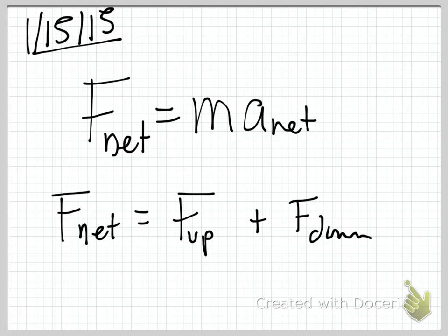Well, in the last set of problems, we were dealing with cases where this net force was 0 because the thing was not accelerating. It was either standing still or it was at constant velocity.